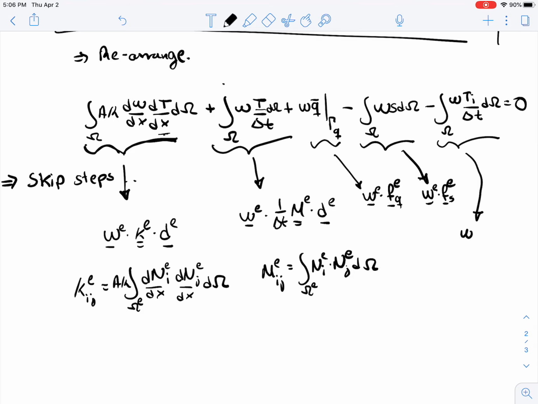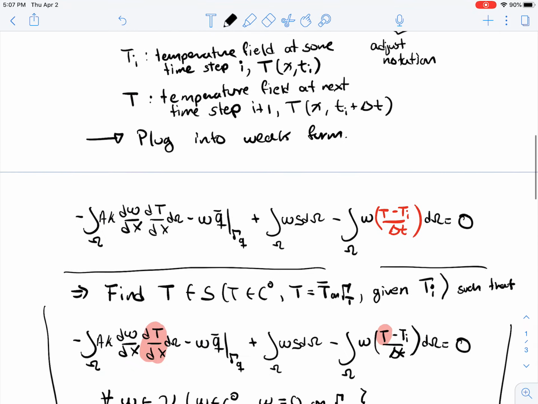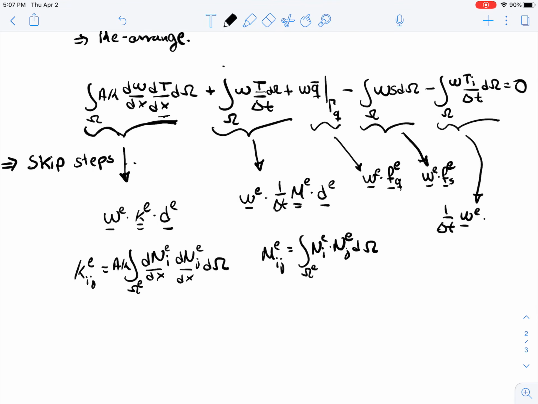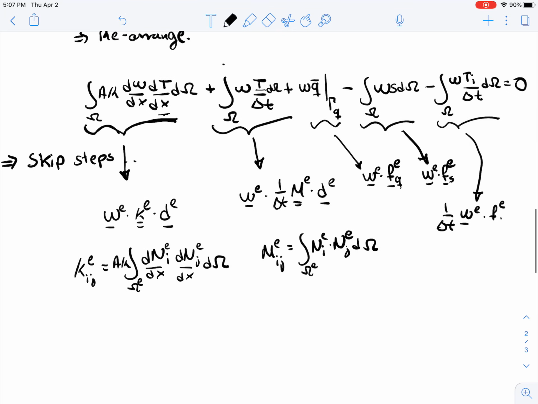And this term right here is also different. So this one will give you omega times, and let me just take the delta t outside. So it's gonna be 1 over delta t omega times some extra force vector. I'm gonna call it fe0, or fei, I should probably change the notation.